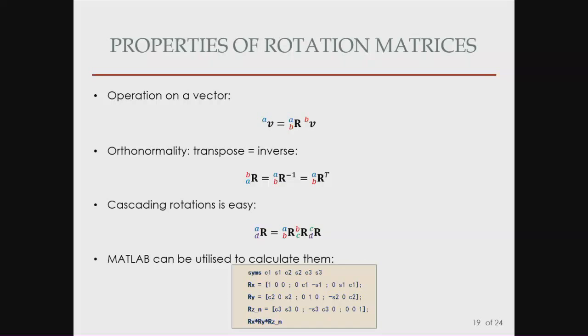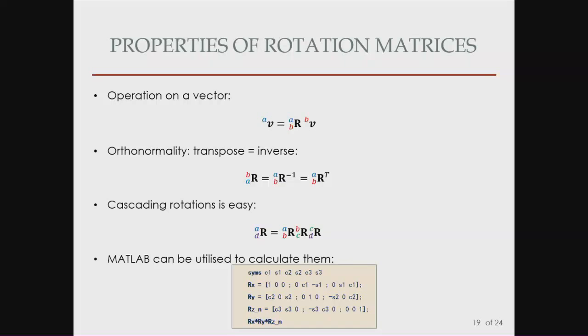I have a few comments about this line. My first comment is the vector V could be any type of vector: position vector, velocity vector, acceleration vector, angular momentum, linear momentum vectors, moment vector, force vector.